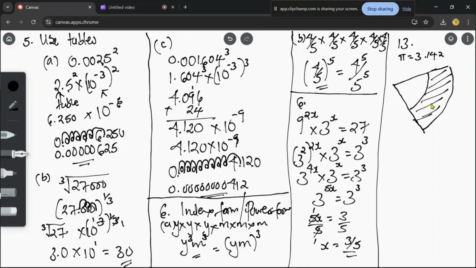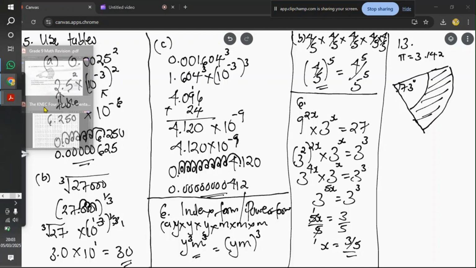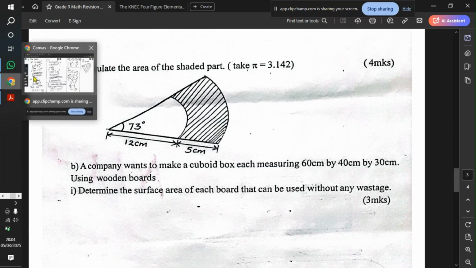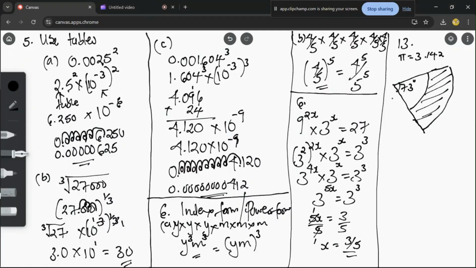The angle here is 73 degrees. The distance on the other part, we've been told it is 12 and 5. So that we have 12 and 5. The distance here from this one is 5, and this one is not 5.